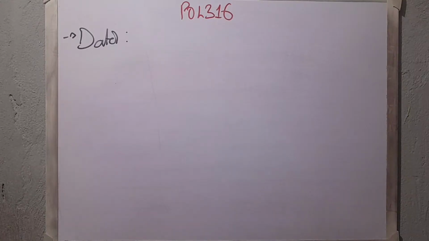And data we are referring to in this context can be said to be symbols, numbers, and alphabetical characters used to describe one or more attributes.